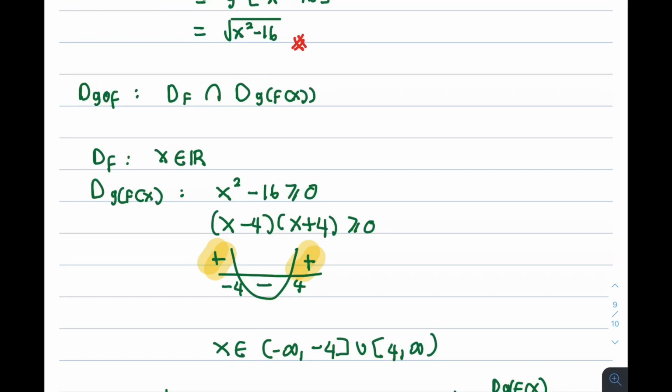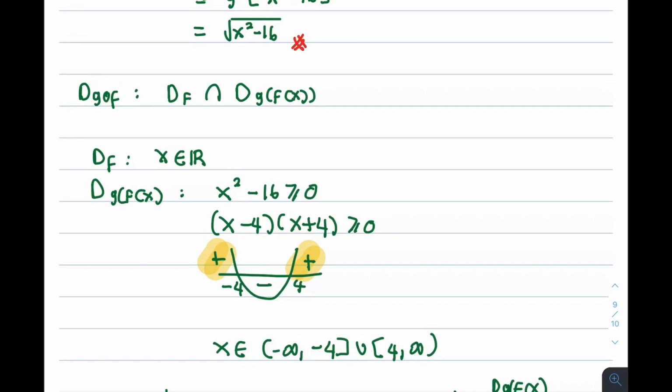Now, since the domain of g composite f is the intersection between the inner and overall, if you intersect any set with the real numbers, it will give you back that set.